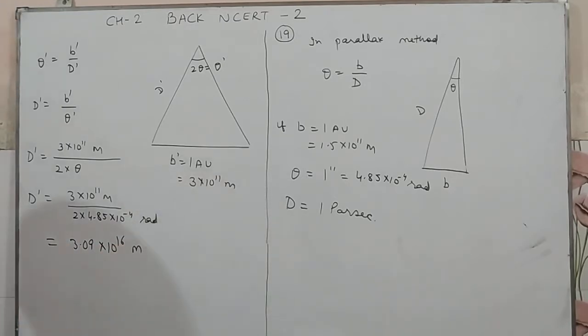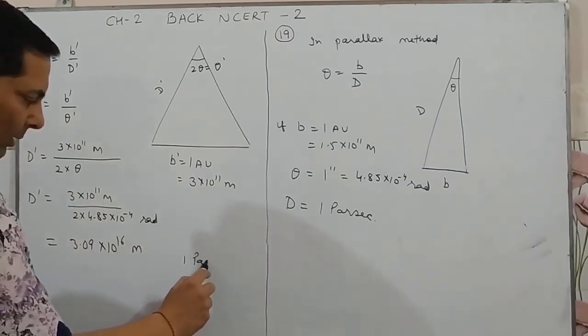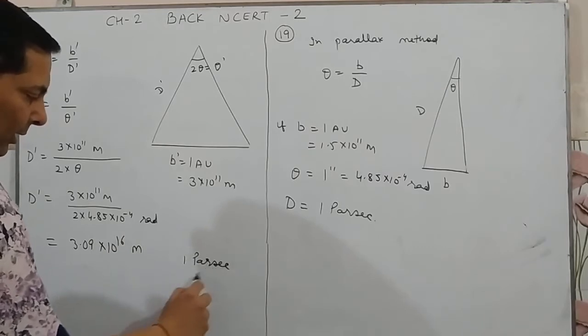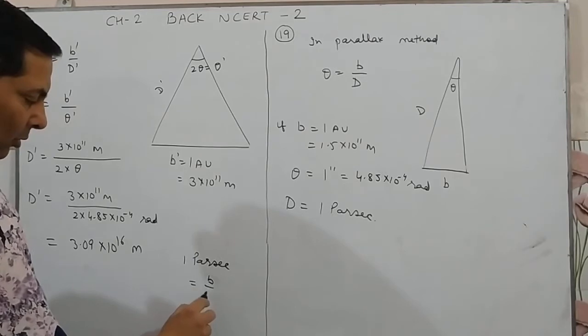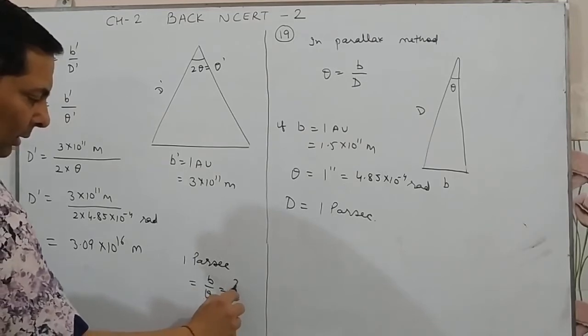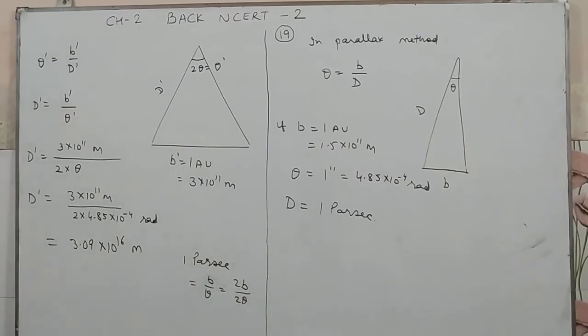This is also the same value as the parsec, because if we write one parsec is equal to b upon theta, and you solve for this result, the answer will be the same. So the same value we obtained for the parsec. It has been obtained in meters.